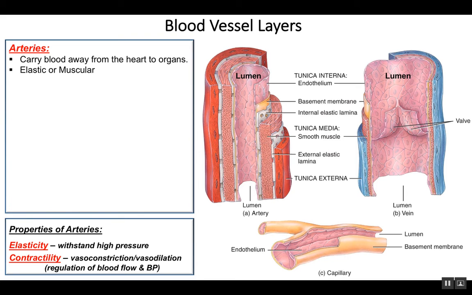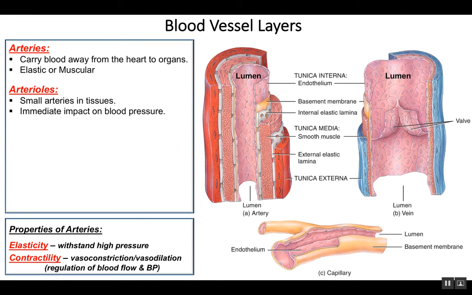So for example, the aorta is an elastic artery. Arteries that distribute blood to organs are more of the muscular type because they need to be able to adjust how much blood flow an organ is getting. So a couple different types of arteries based on whether they have more elastic connective tissue or more muscle.